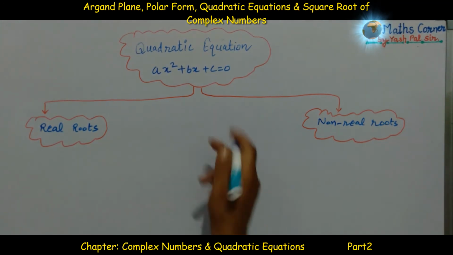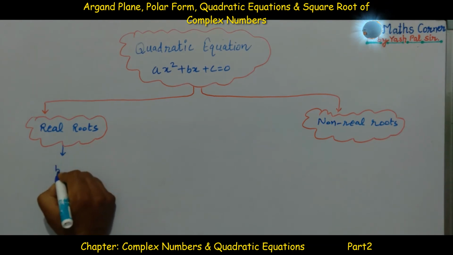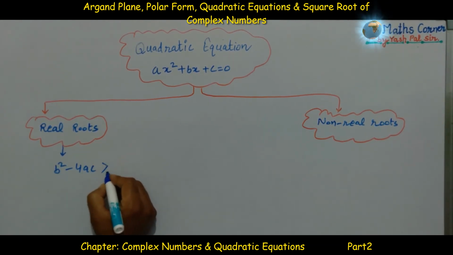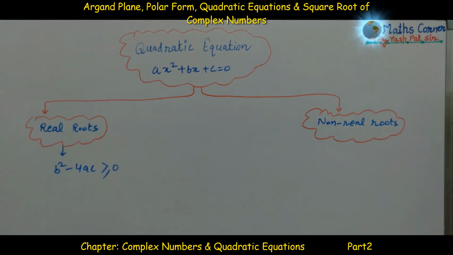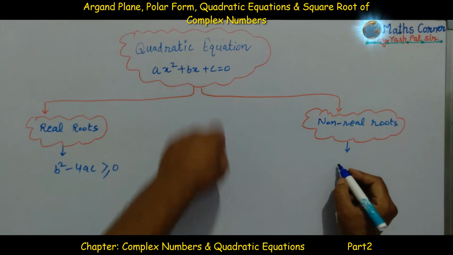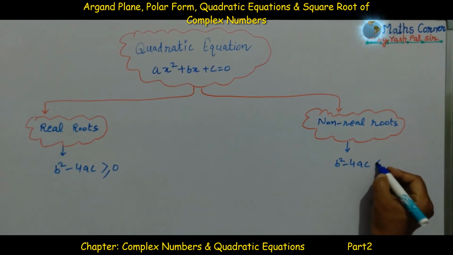Real roots mean the discriminant, which is b square minus 4ac, should be greater than or equal to 0, whereas non-real roots mean the discriminant b square minus 4ac is less than 0.